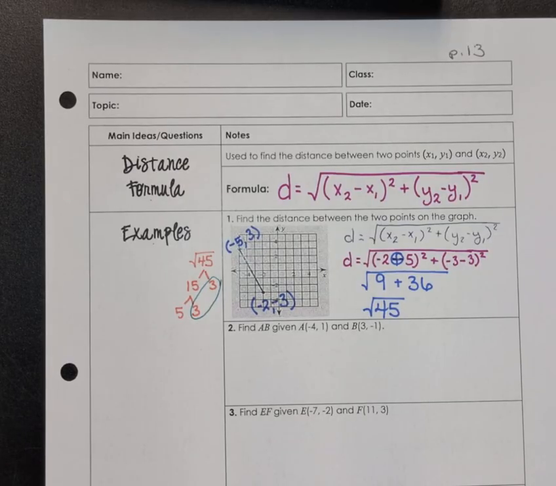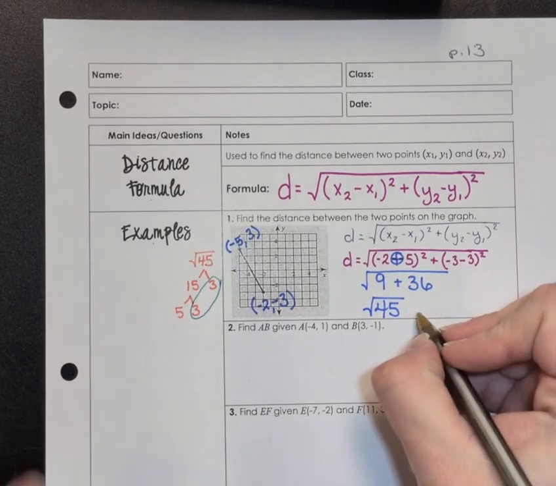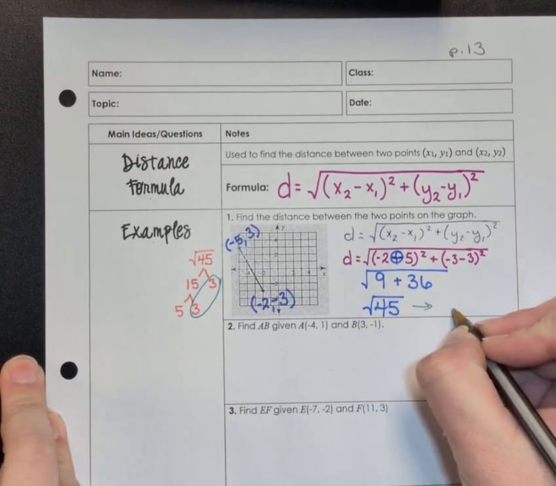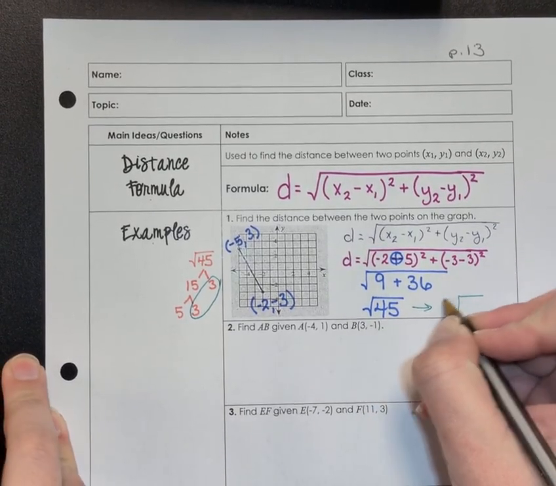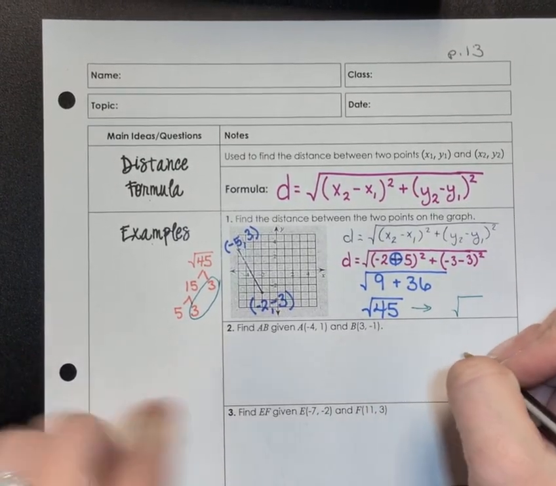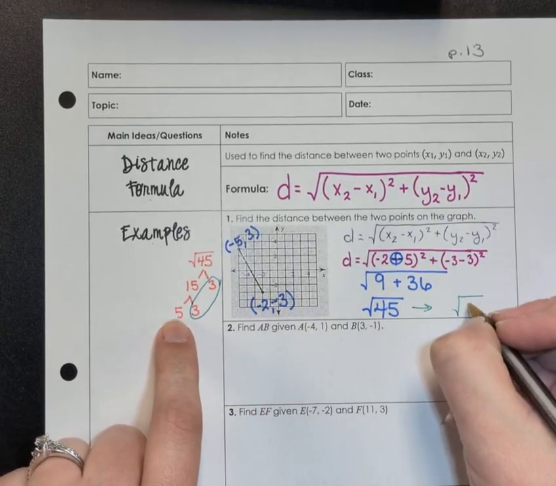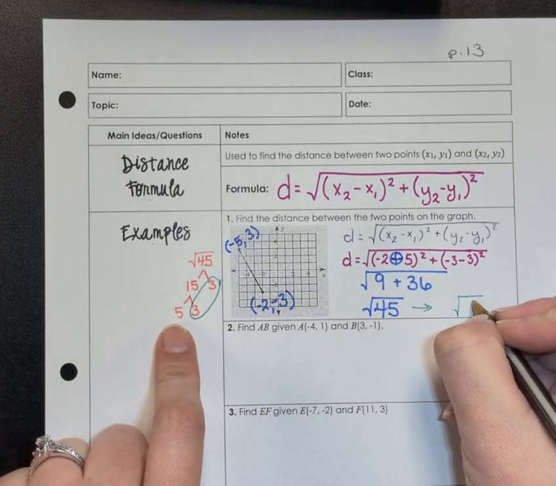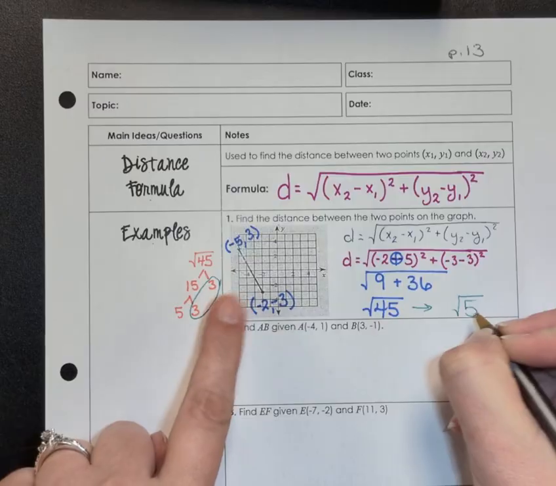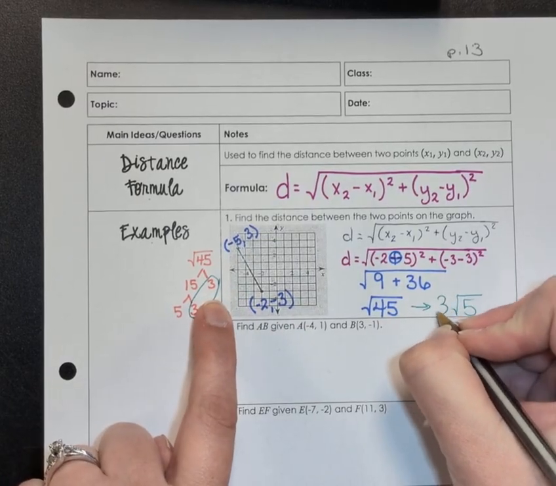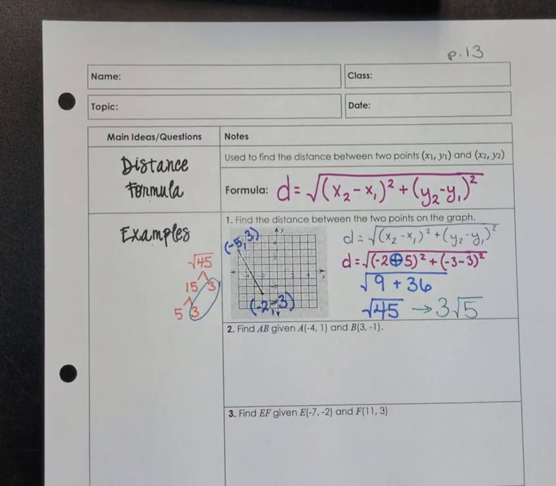Remember, your goal is to have groups of 2. Does the 5 have a buddy? No. Because he doesn't have a buddy, does he go inside the square root or outside? Inside. If you don't have a buddy, you have to stay inside the house. If you have a buddy, you get to go outside of the house. Okay? So you should get 3 square root 5.